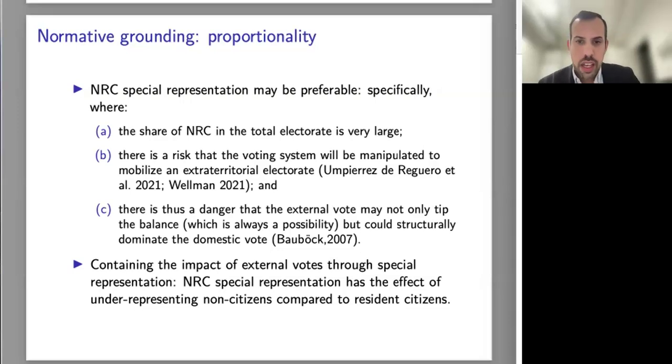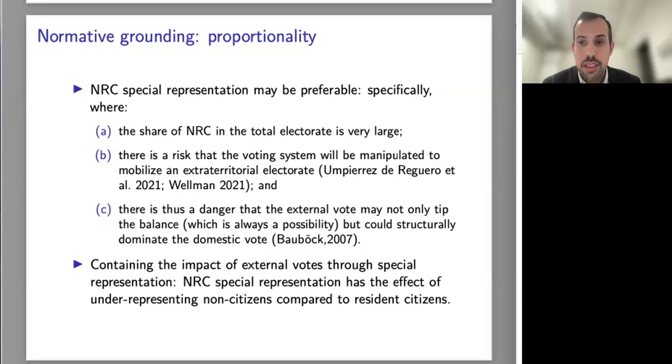We also talk about the containment effect, or the containment strategy, of some origin country authorities. A special representation has the effect of underrepresenting non-resident citizens compared to resident citizens.